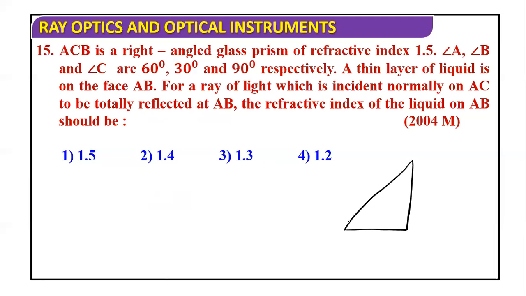It is the right angle triangle prism. Refractive index of prism is 1.5. Angle C is 90 degree. Angle A is 60 degree and angle B is 30 degree. A thin layer of liquid is on the face AB.